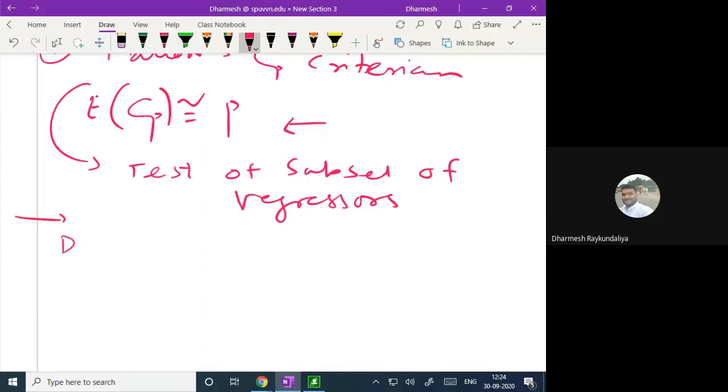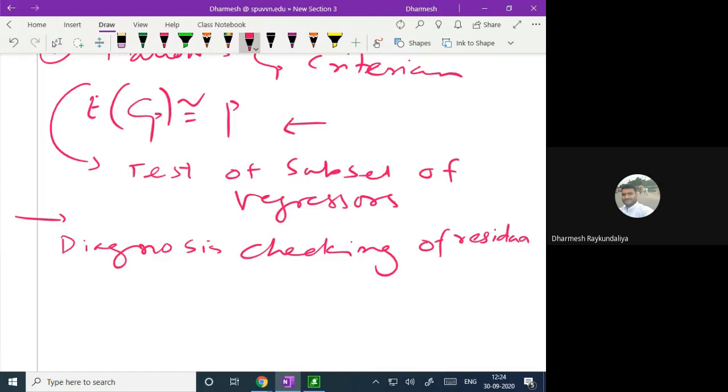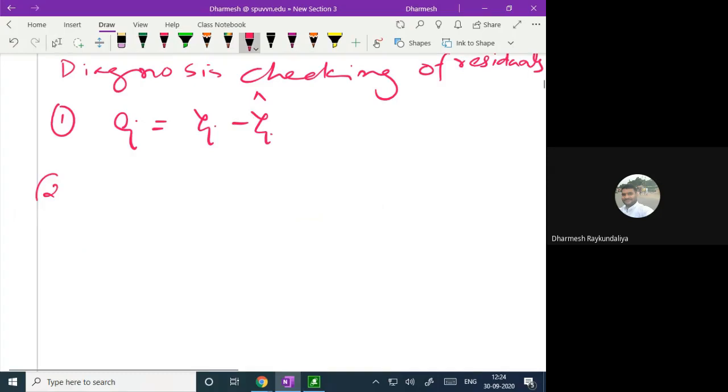Now for diagnostic checking of residuals, you calculate the residuals. Residual is nothing but ei, that is the observed value minus the estimated or predicted value. Second, you obtain the standardized residuals, that is zi, which is ei upon sigma.